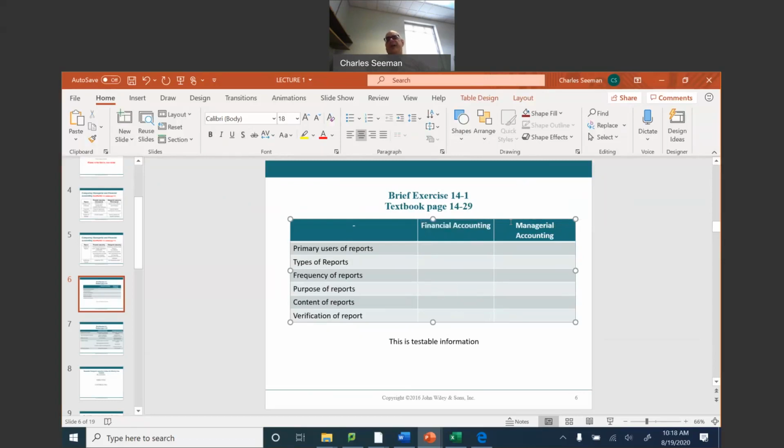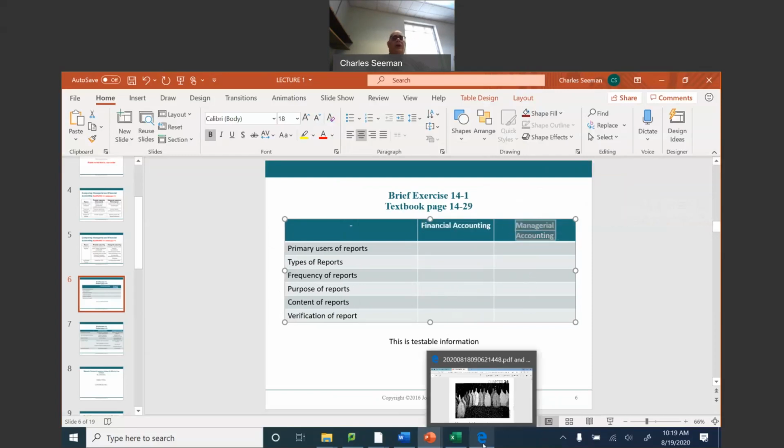What is the purpose of a managerial accountant providing his or her report? What are the contents of the report for a financial accountant? What are the contents of a report prepared by a managerial accountant? And what is the verification process for a financial accountant? What is the verification process for a managerial accountant?